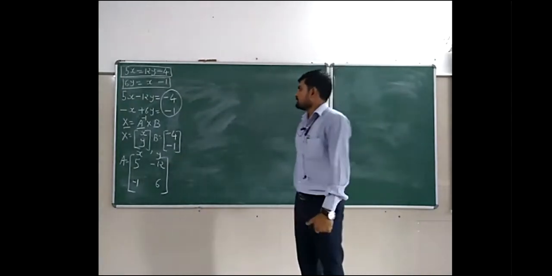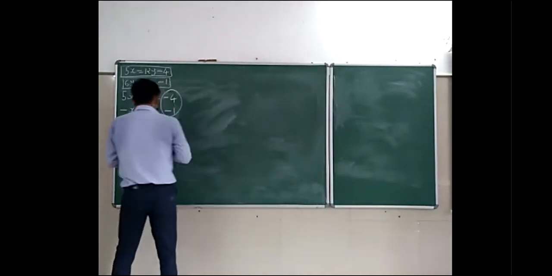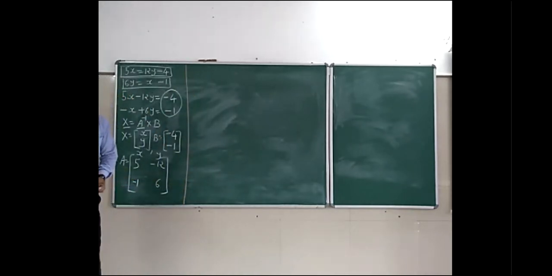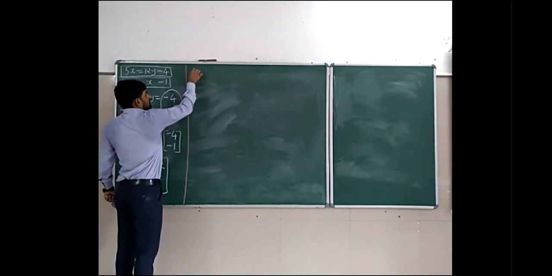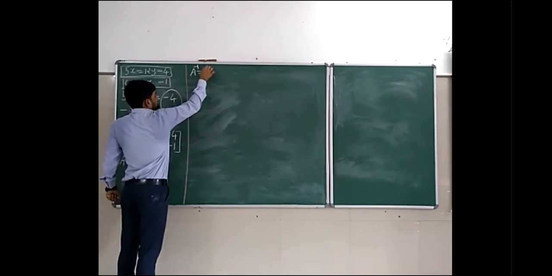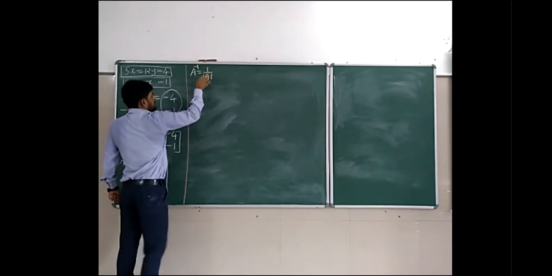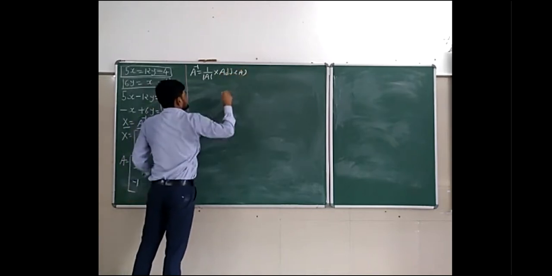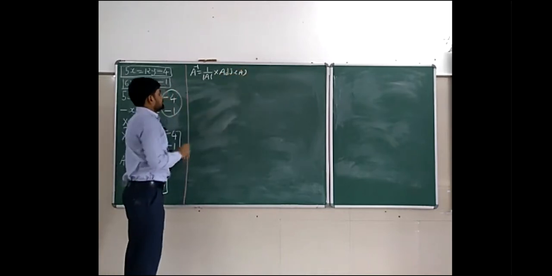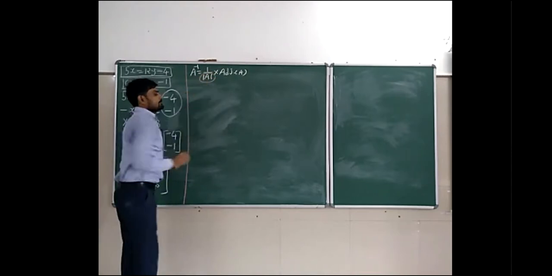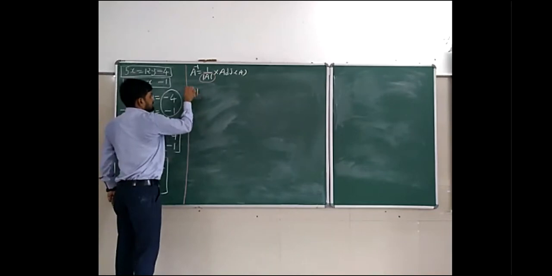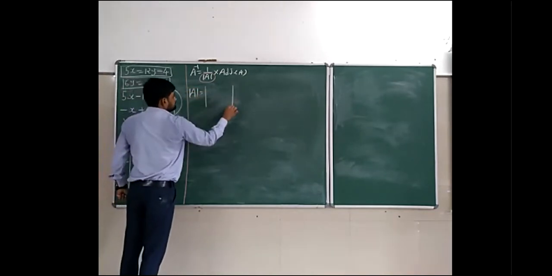Now let's start our solution. First we'll find A inverse. What is the formula of A inverse? 1 upon determinant of A into adjoint of A. First we'll find the determinant of A. Write down matrix A in determinant form.